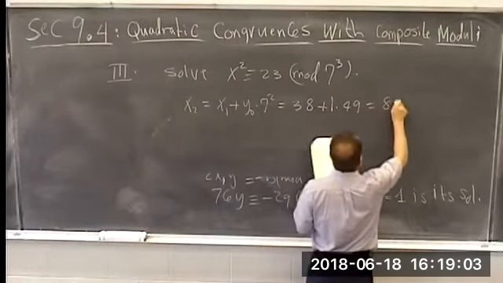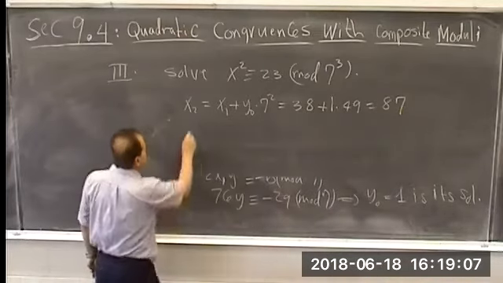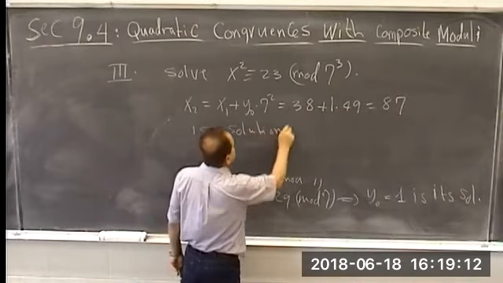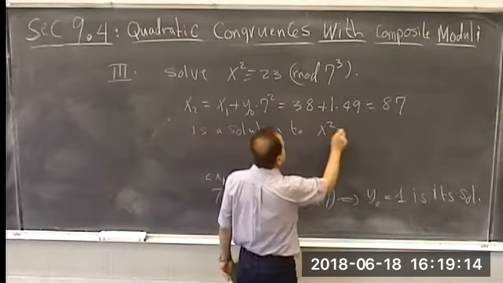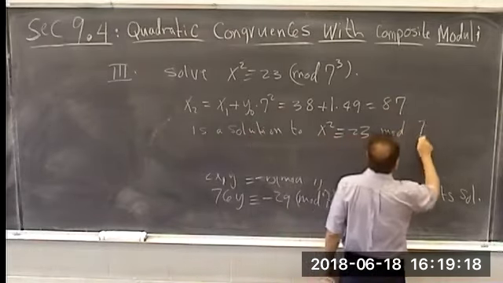This is 87. It is a solution to x squared congruent to 23 mod 7 to the fifth.